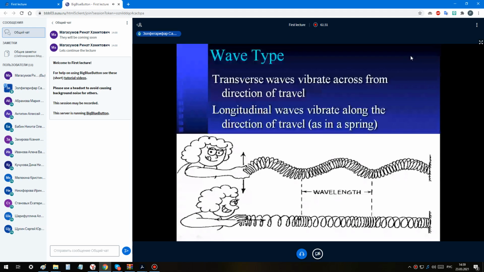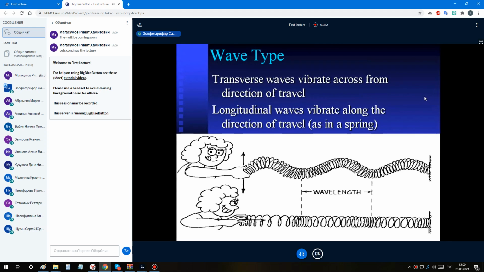As mentioned before, for body waves we have two types: transverse waves and longitudinal waves.